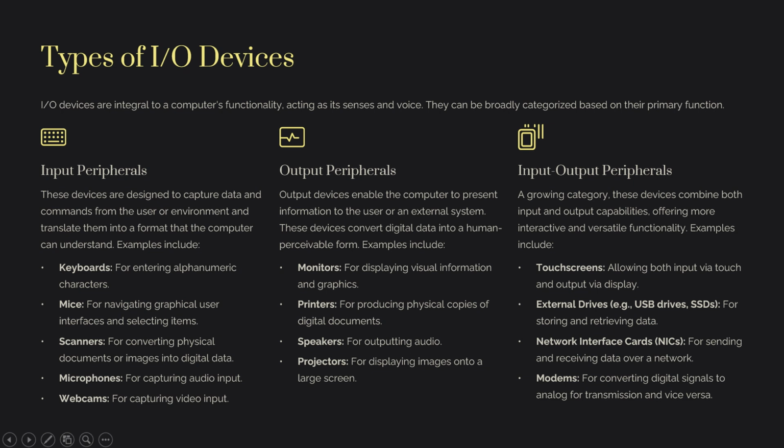Now I'm going to talk about the output peripherals. These devices are responsible for presenting information to the user or an external system. They convert digital data into a human perceivable form. So that's whatever is going on in the mind of the computer, and some of these things are interpreted using these devices.